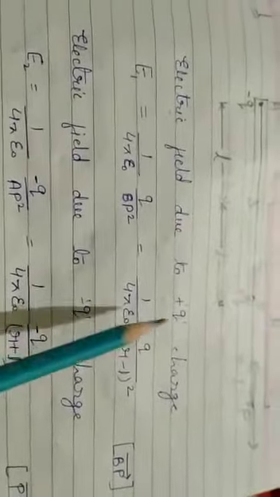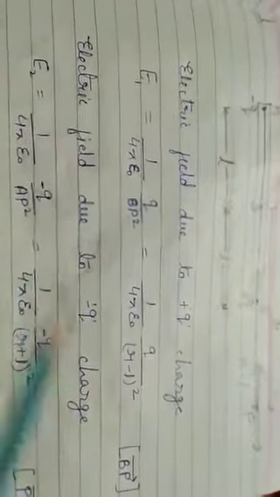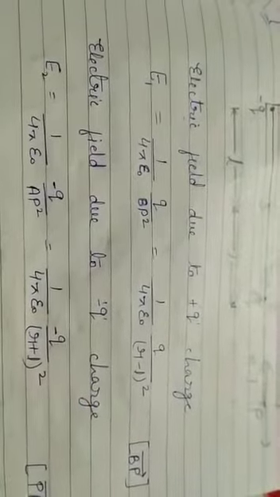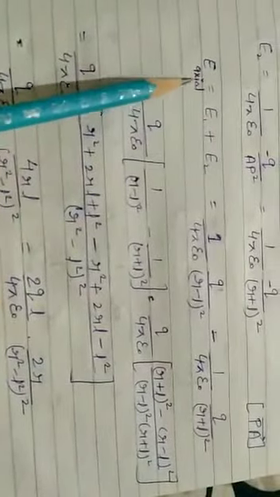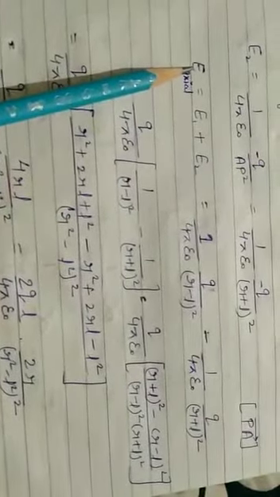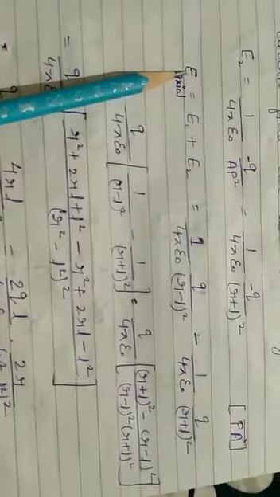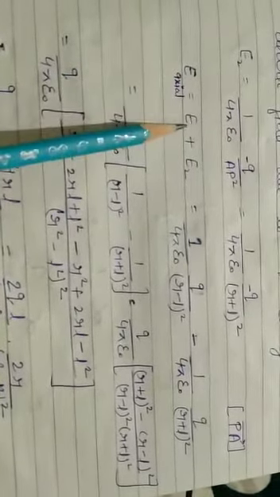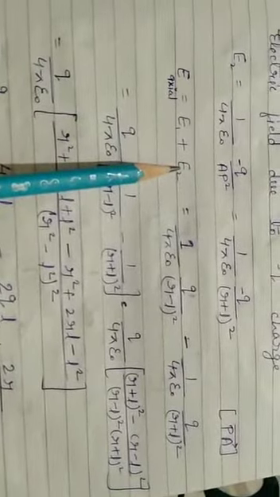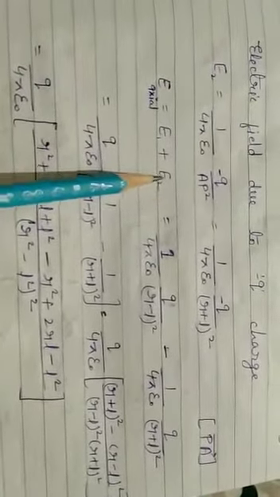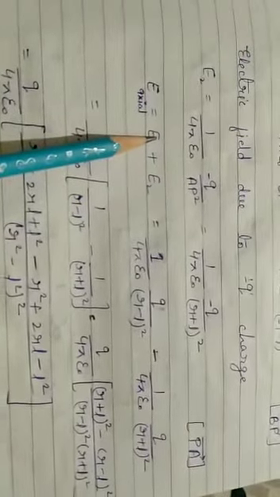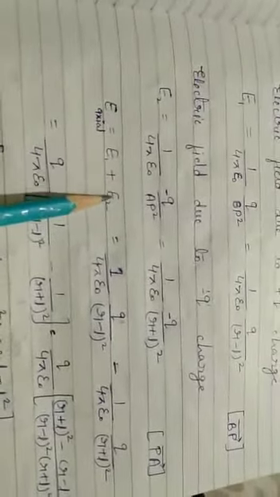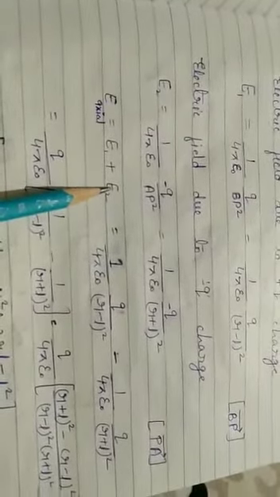Okay, so from these two individual charges we have found the electric field. Here you can see, the electric field because of the dipole, when the point is at axial position, E axial equals E1 plus E2. Now because the direction of E1 and E2 is different, E1's direction is right hand side, that is BP, and E2's direction is left hand side, that is PA.